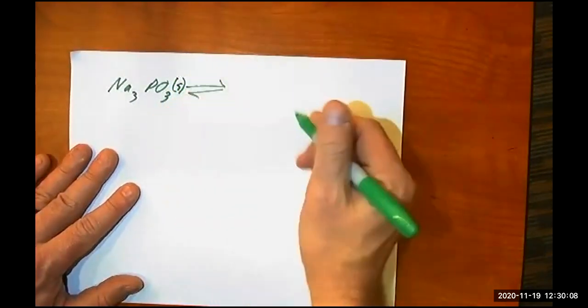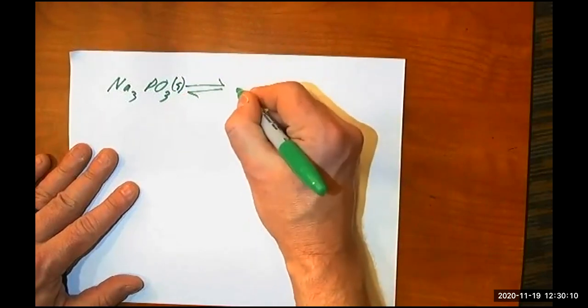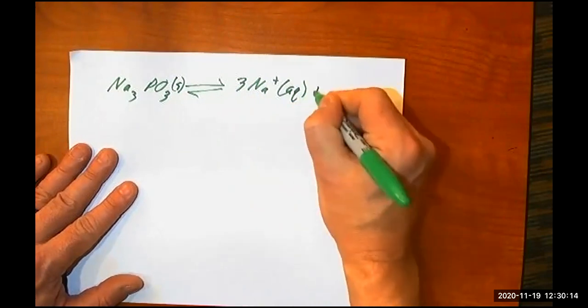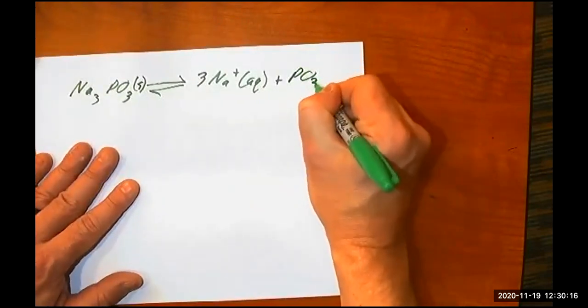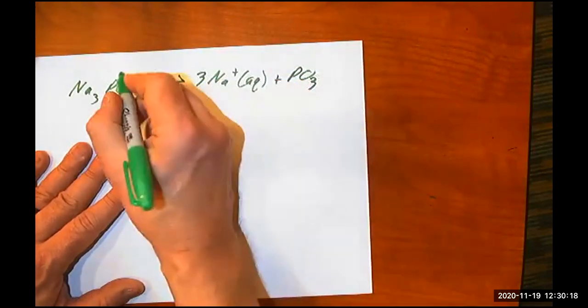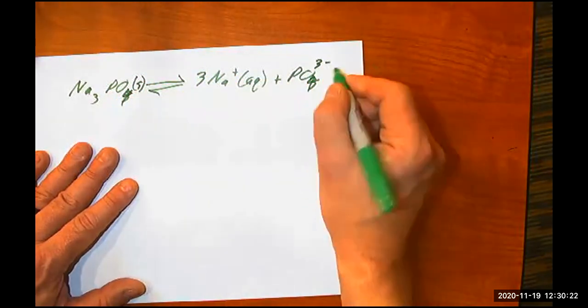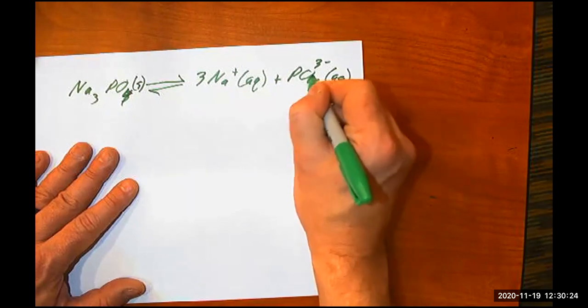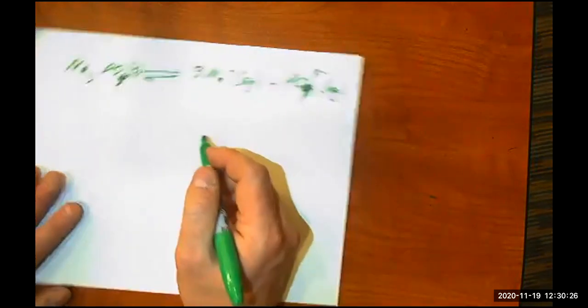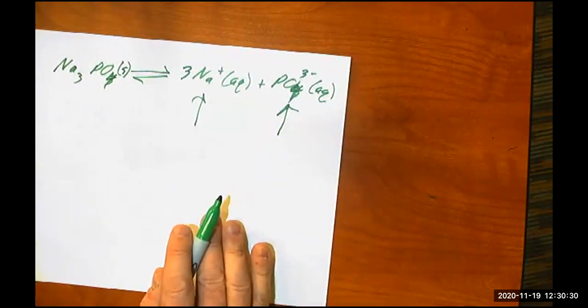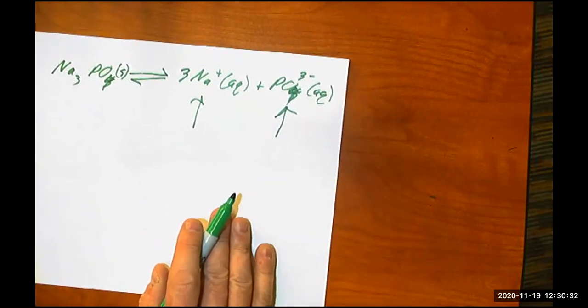So this is a solid, in equilibrium with 3 Na+ aqueous and PO4 3- aqueous. And what you do then is you look at what these ions do on their own.